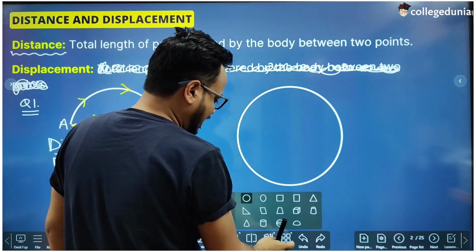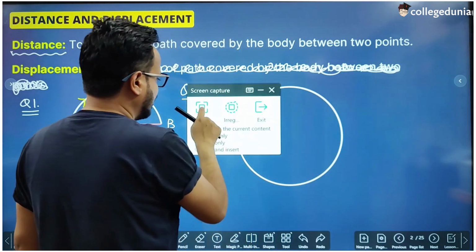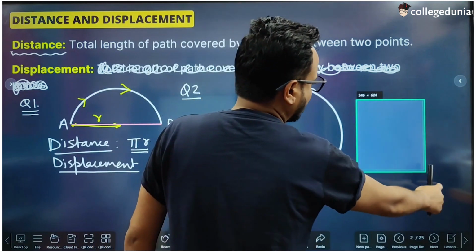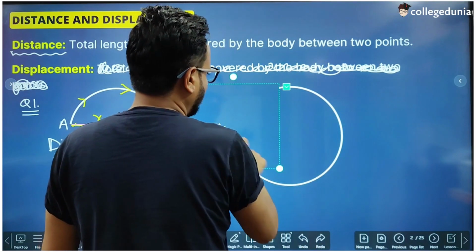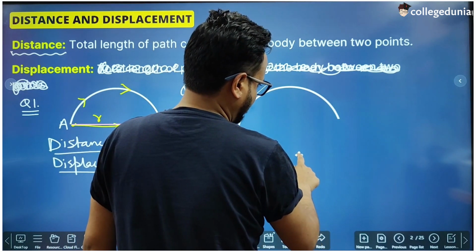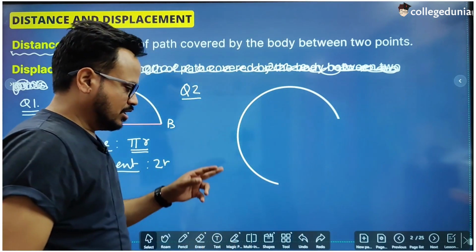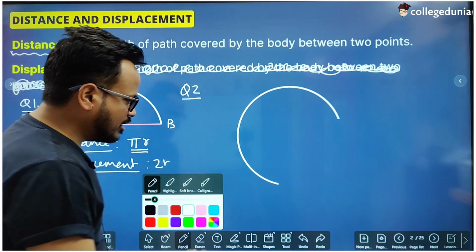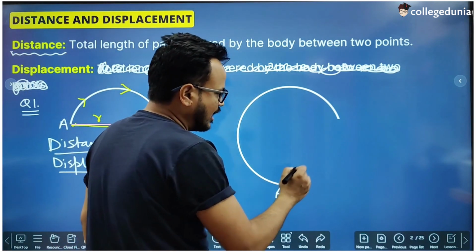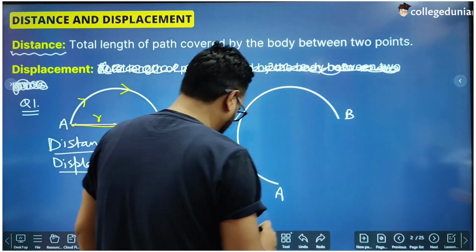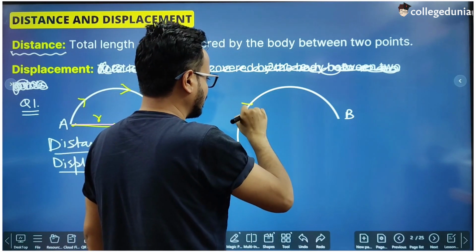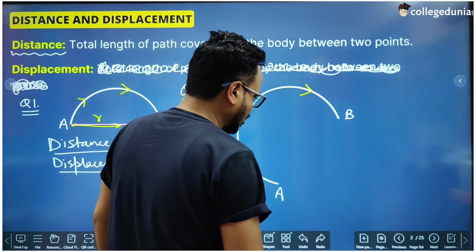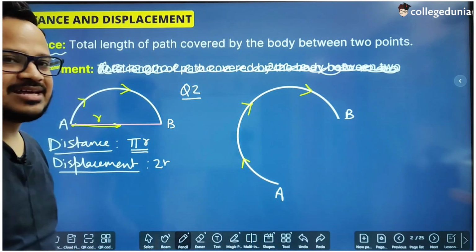and now suppose the body has covered a distance of, let's say, 75%. Like this. The body has started from this point A and now the body is at this point B. Okay, so now what is the distance and the displacement?